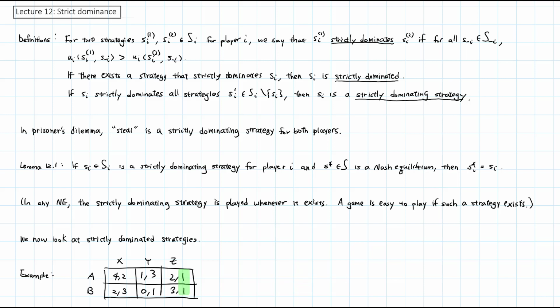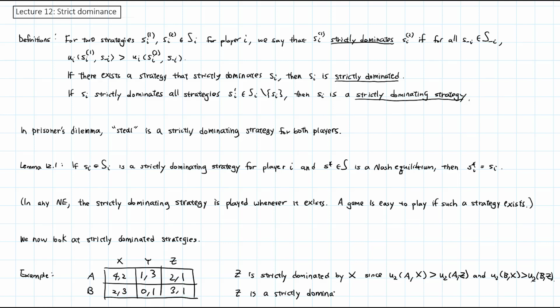We see that Z is strictly dominated by X because when player 1 plays A, playing X gives you better utility than Z, and when player 1 plays B, playing X also gives you a better utility than Z. So Z is a strictly dominated strategy.